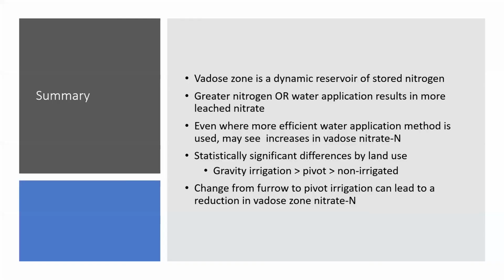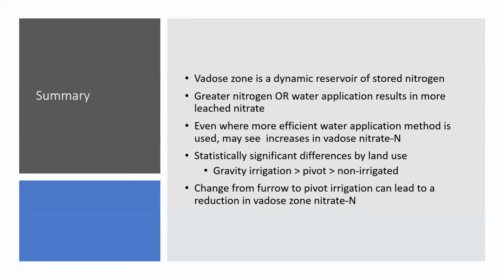So in summary, this Vadose zone below the crop root zone is really a dynamic reservoir of stored nitrogen, both as ammonia and nitrate-N. We find that greater nitrogen fertilizer or water application use results in more leached nitrate. Even where we have more efficient water application, we may see increases in Vadose zone nitrate that ultimately will reach the water table.